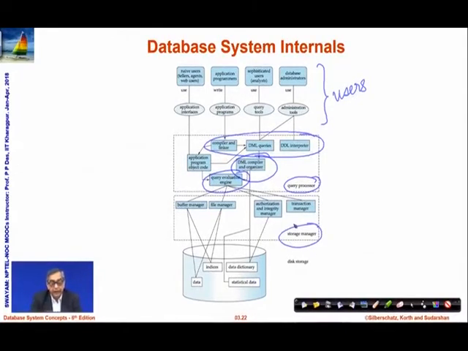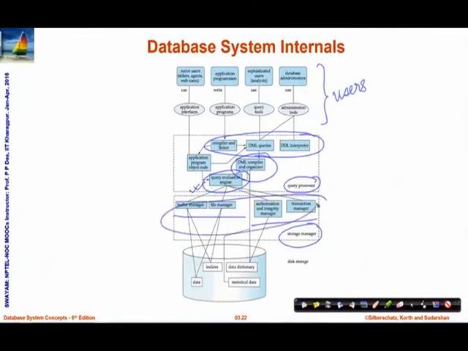Whatever the evaluation engine needs to do has to go through different modules in the storage manager, which we will talk about when we discuss storage management later in this course, such as the file manager and authorization. These are the subcomponents that storage management needs, and the storage manager is the only one that deals with the actual data, the actual disk storage, the different files and so on.